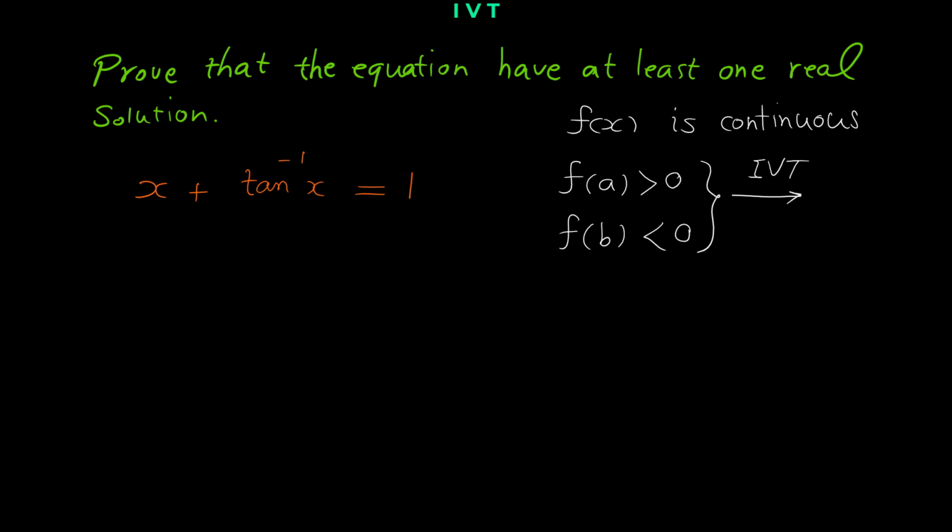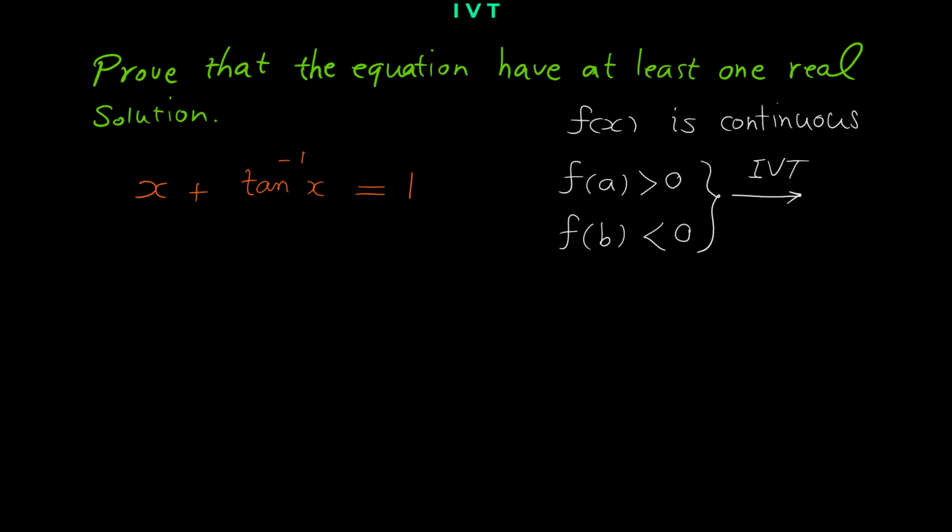For this particular question, first, you have to define f of x. How do we define the function f of x? We move all the terms of the equation to one side and then we name it f of x. Here the equation is x plus tangent inverse of x equals 1.